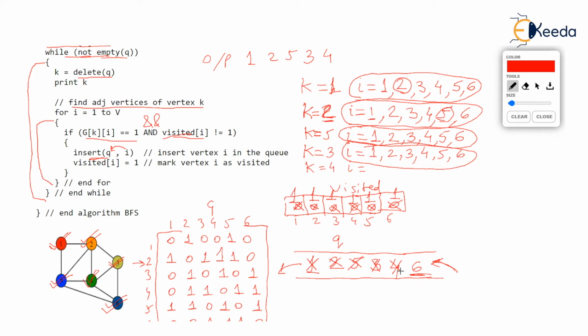But you will see as I goes from 1, 2, 3, 4, 5, 6, for none of these values of I will ever the if statement become true. Because either the vertices are not adjacent or vertex is already visited. So the loop again ends over here, isn't it? For loop ends, so we go back to while.